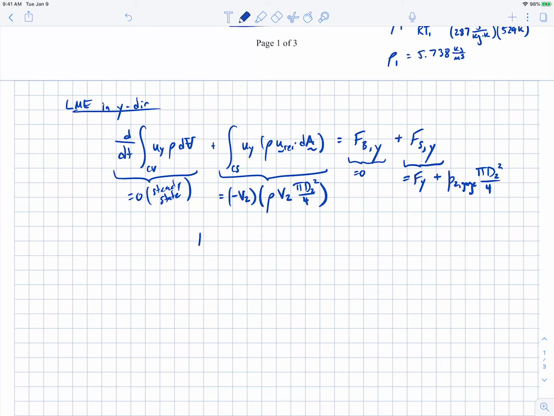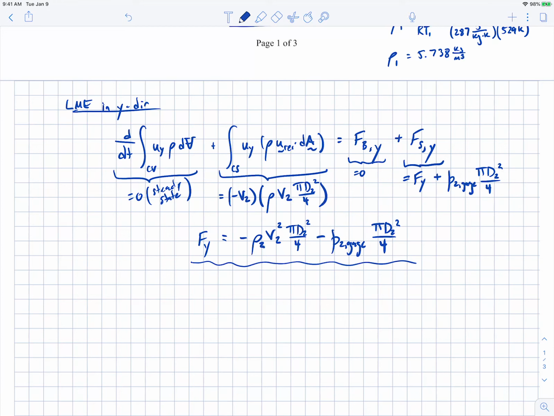But let me just go ahead and rearrange this equation as Fy is equal to minus rho v2 squared pi d2 squared over 4 minus P2 gauge times pi d2 squared over 4. Okay. And by the way, the density here would be rho 2. This is the density at the exit, again, because we're dealing with a compressible flow.